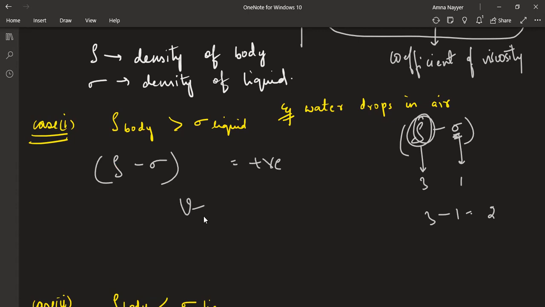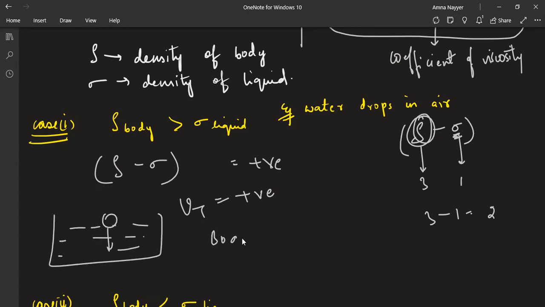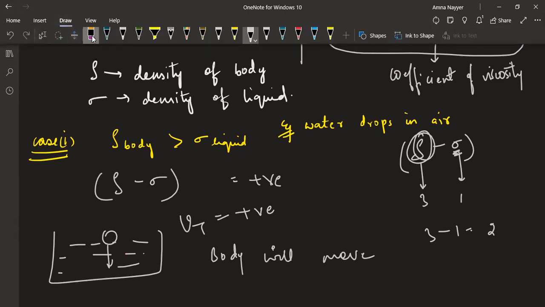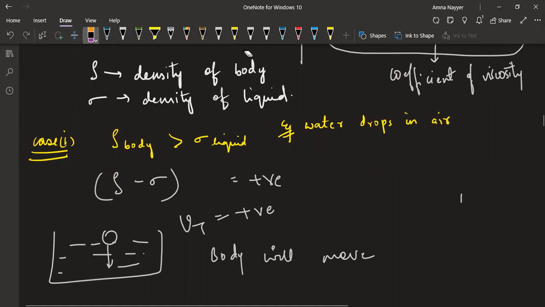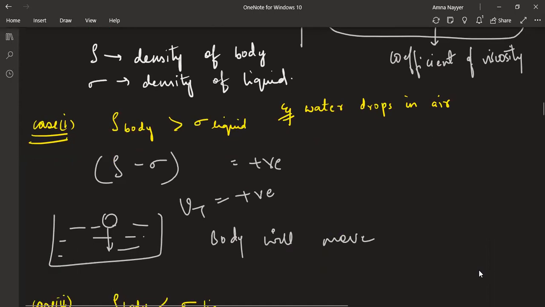It means your terminal velocity will also be positive. Terminal velocity positive means body will keep on moving downwards.